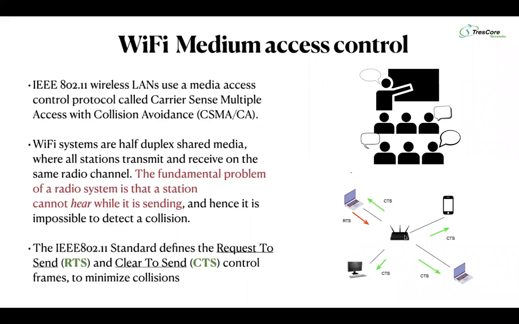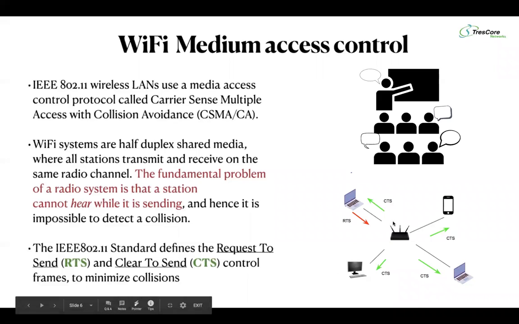If a laptop wants to send, it sends a request to transmit, and the Wi-Fi access point sends a clear to send. That clear to send is received by everybody else because it's open air.